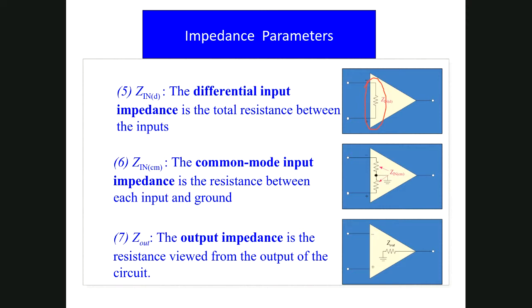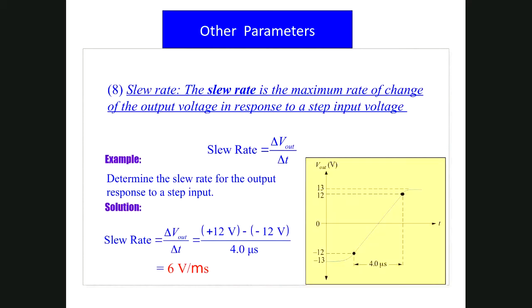How will you calculate it? You connect one terminal to one input, and the other terminal is grounded. The value of impedance you get is called common mode input impedance. And output impedance, as the name suggests, is the value of resistance you measure at the output. And another important parameter, the last but not the least, is called slew rate.